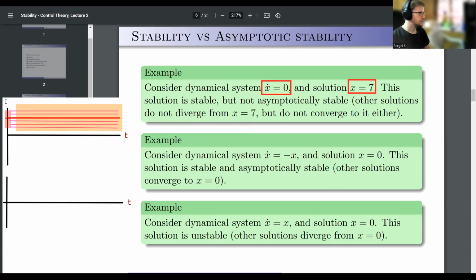So for this equation, we have infinitely many solutions. Exactly. And the system is stable just because the derivative is 0, and not all solutions have to be in this delta segment, right?